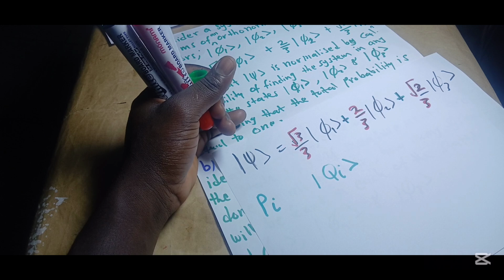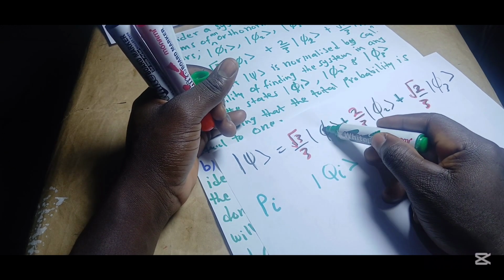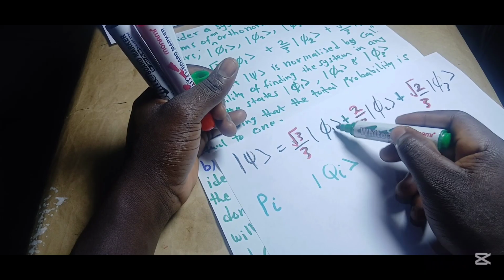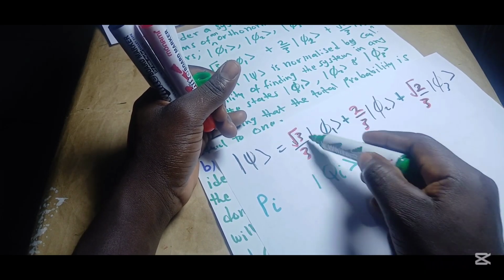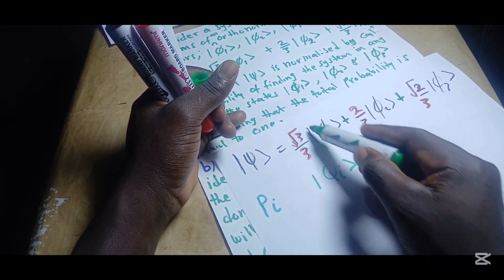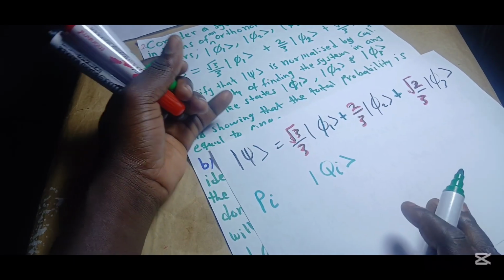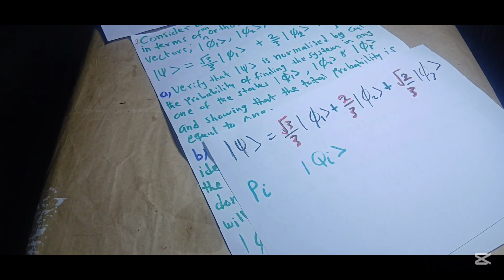So how do we interpret this? The probability of finding the system in state, let's say phi i, is equal to the square of the coefficient here. That is what it basically means.